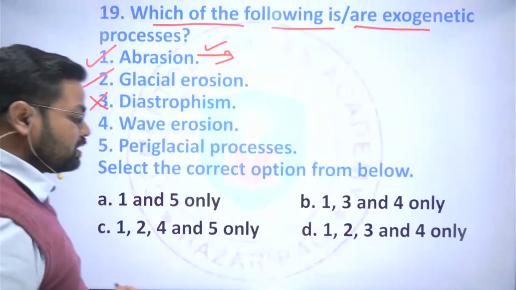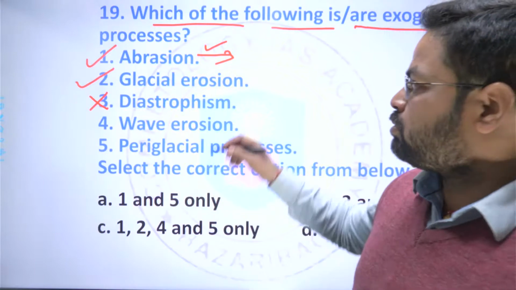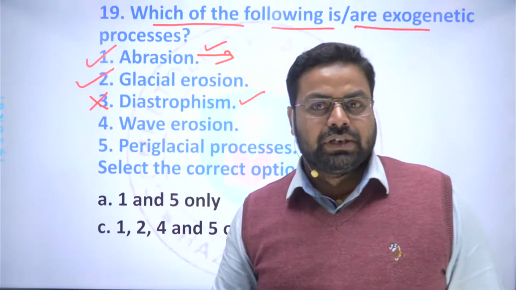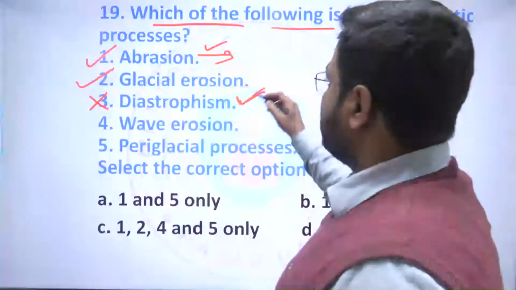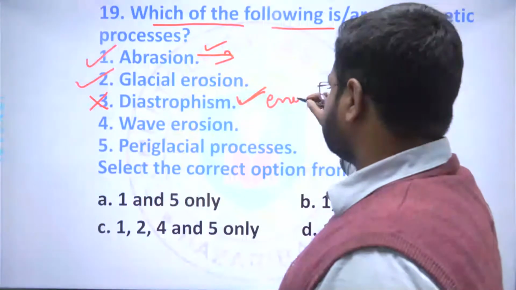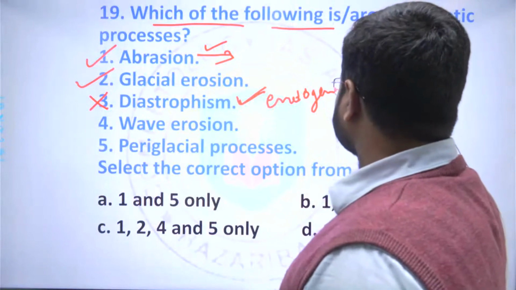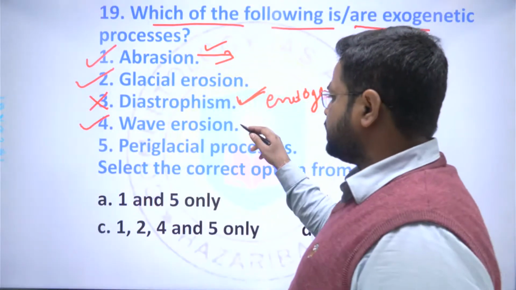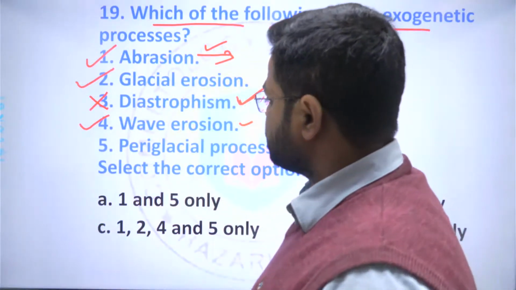Diastrophism is the energy or land forming geomorphic process that is emanating from within the surface of the earth, and that is why it is not an exogenetic process but an endogenic process, right? And thereafter wave erosion, that is coastal erosion process, this is again an exogenic process.